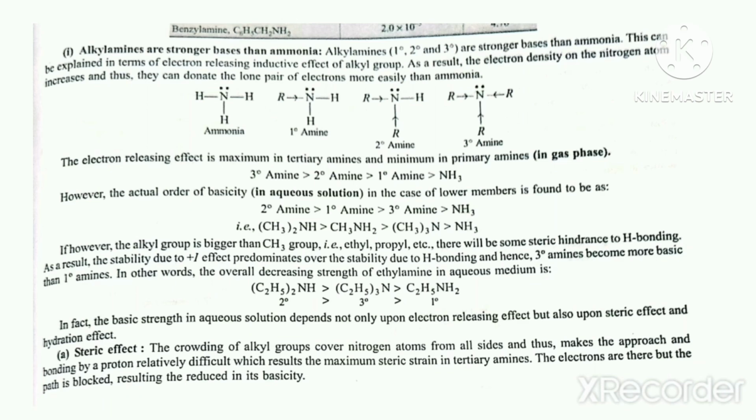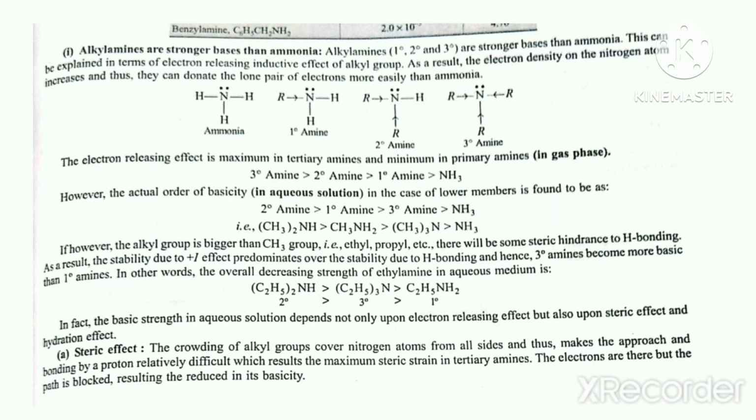This can be explained in terms of the electron releasing inductive effect of the alkyl group. As a result, the electron density on the nitrogen atom increases, thus they can donate a lone pair of electrons more easily than ammonia.